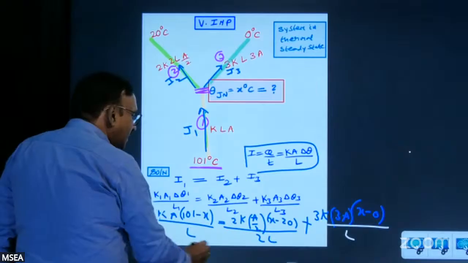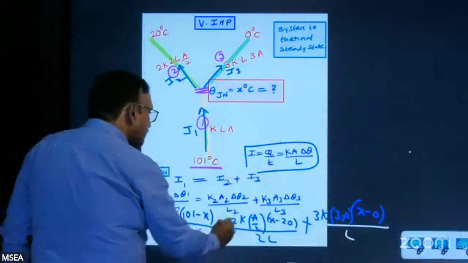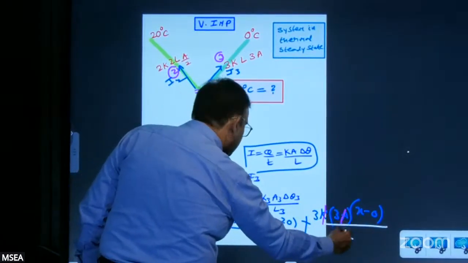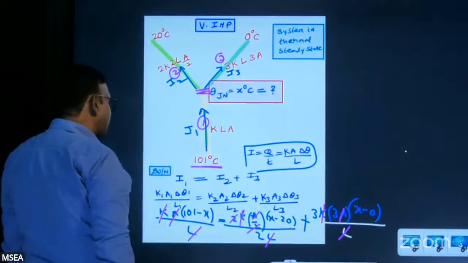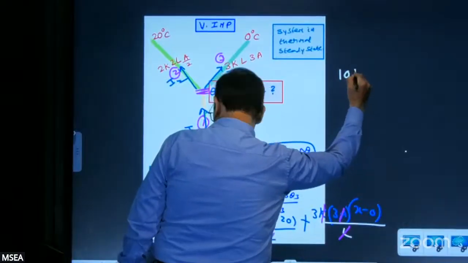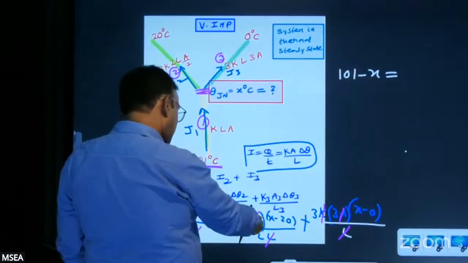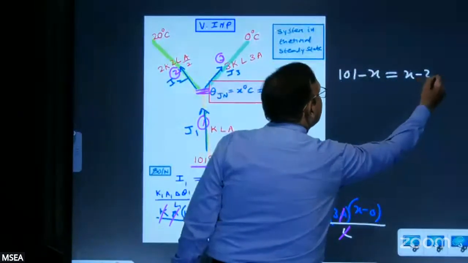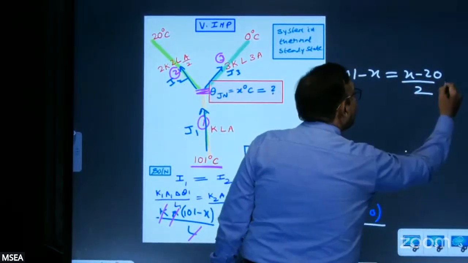This K by L is common throughout there. So naturally, Ka by L will get cancelled throughout. Of course, this 2 will also get cancelled. So here comes the point that 101 minus X is equal to X minus 20 divided by 2 plus 9X.